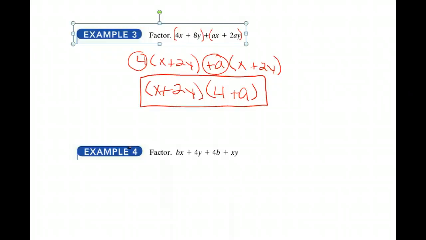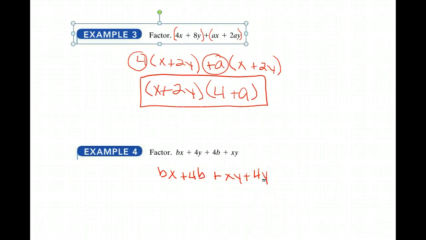What you do in a situation like this is try rearranging your terms. I'm going to put bx plus 4b beside each other, and then I'm going to put xy plus 4y beside each other.